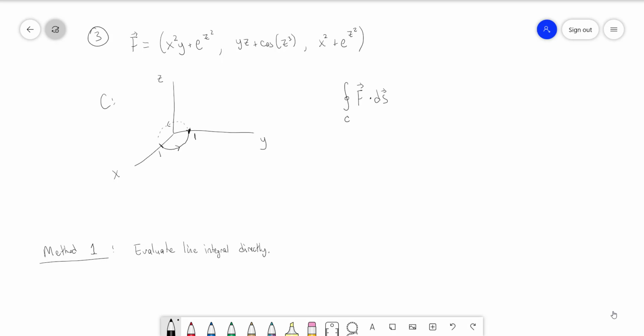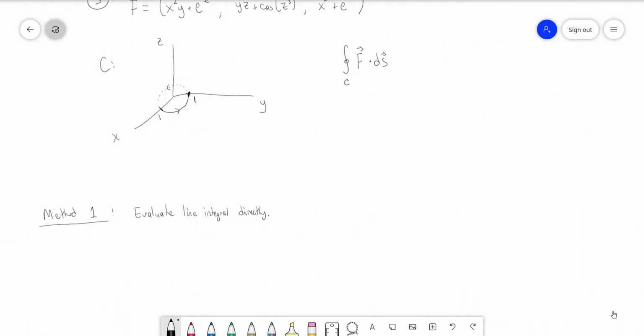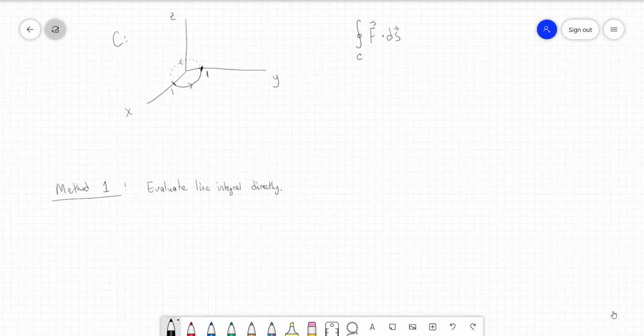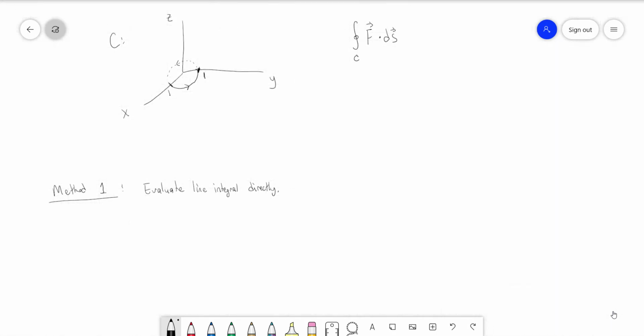Method 2 would be to use Stokes' theorem. But just because I think it's important to talk about how to evaluate line integrals directly, I'll at least walk you through the procedure and set it up. But I suspect, just like how we saw in problem 1, probably the integral will be really nasty, and so probably I'm not going to actually work it out completely, okay?